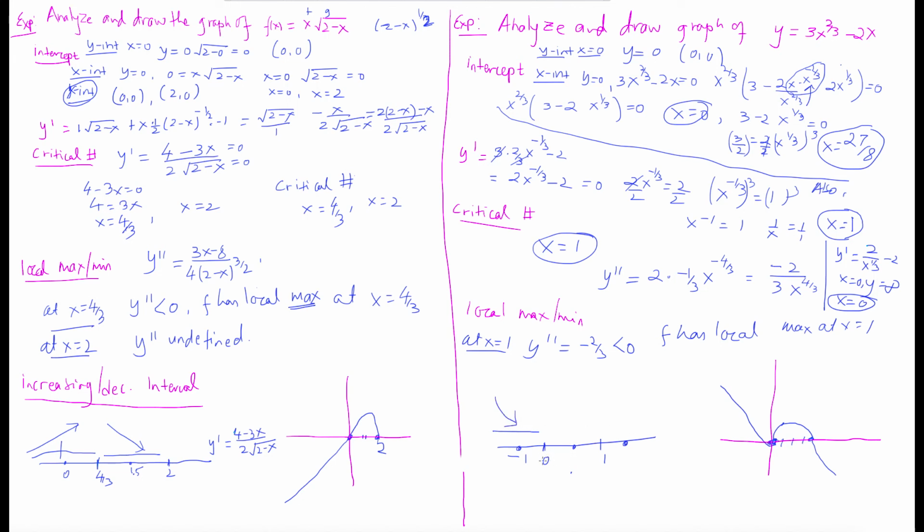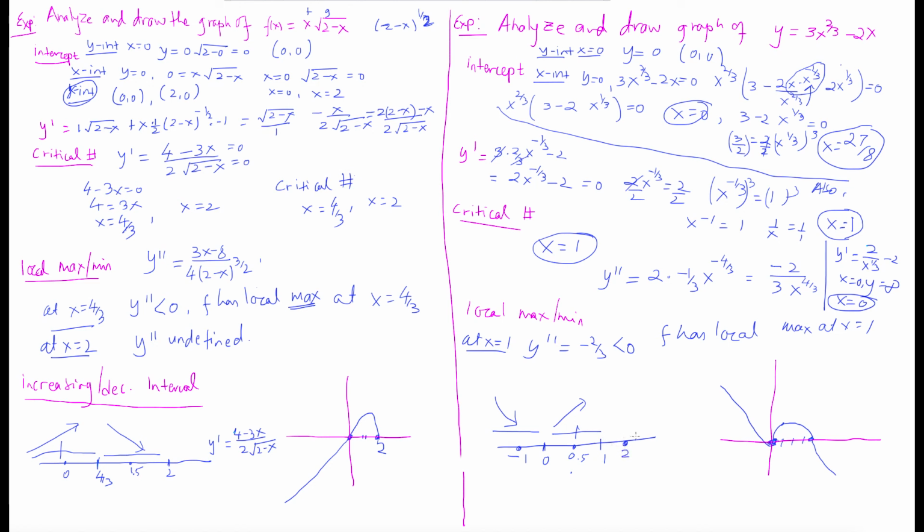Let's plug in something between 0 and 1, say 0.5 as a test point. 2 over 0.5 to the 1/3: 0.5 to the 1/3 is a number smaller than 1, so 2 divided by 0 point something will be bigger than 2. Minus 2, that will be positive. So it will be positive there, so it is increasing.